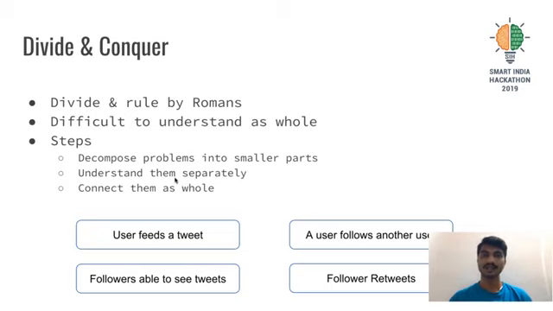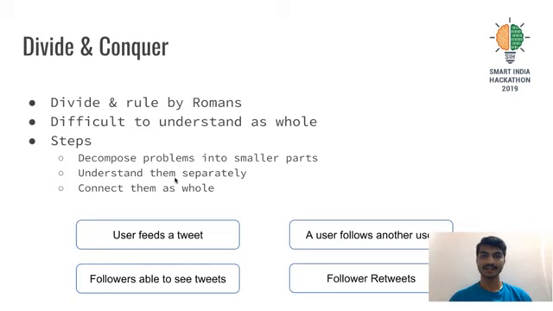They'll come and create a user account, and then they'll put their thoughts as tweets, and whoever is following that user will be able to see those tweets and react to them, and then they can retweet those tweets so that their followers can see them. So this is a whole system, a simple whole system.